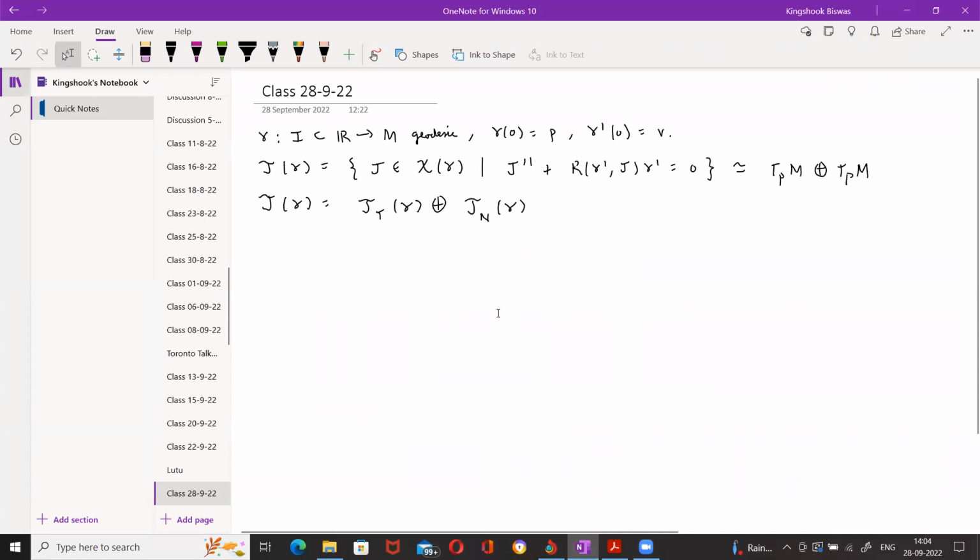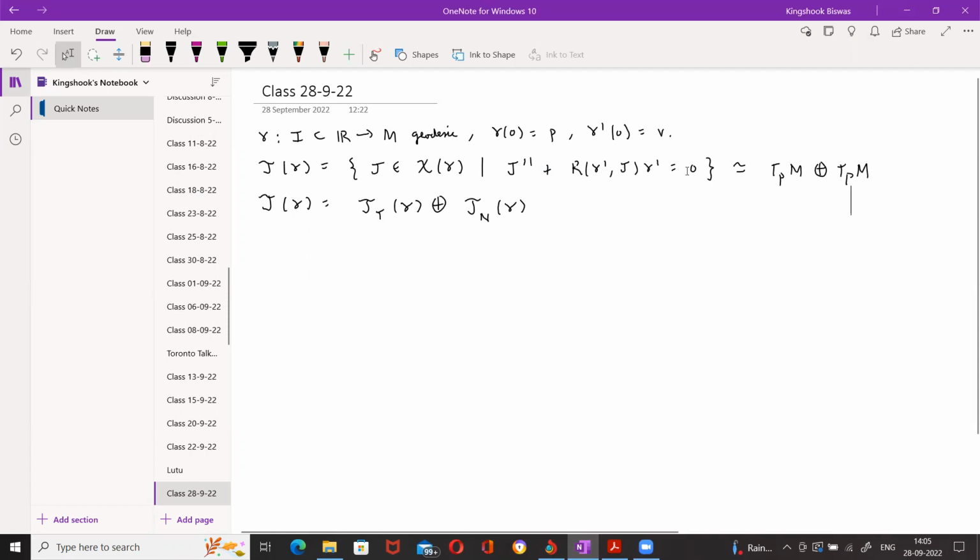All right. So let's continue discussion of Jacobi fields. If gamma is a geodesic in a Riemannian manifold M with initial conditions gamma(0) equal to P and gamma prime(0) equal to V, then the space of Jacobi fields is the space of vector fields J along gamma which satisfy the second order linear ODE J double prime plus R(gamma prime, J) gamma prime equal to 0.